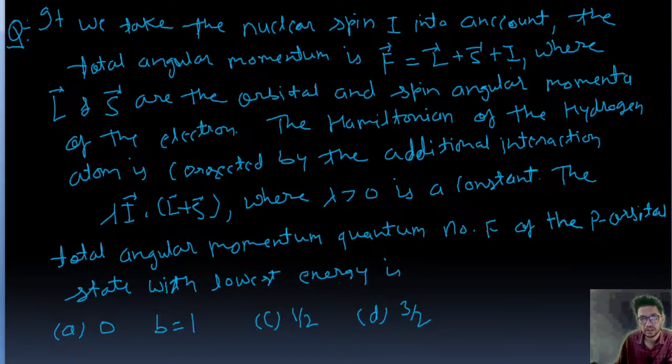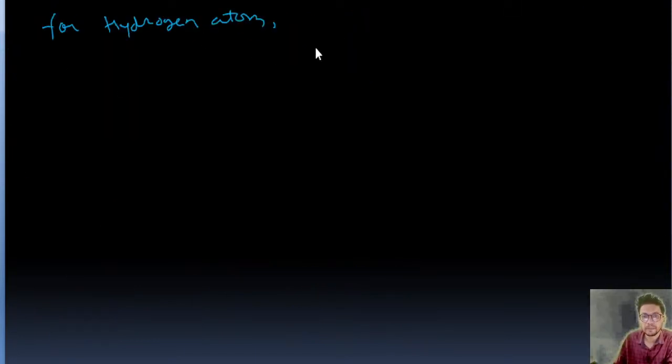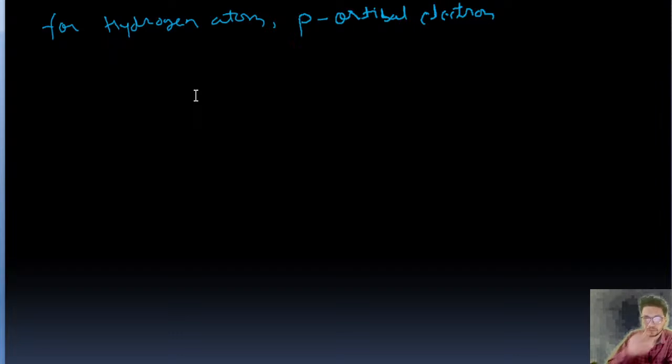So for the p orbital electron, L is going to be 1 for p, and S is going to be half.